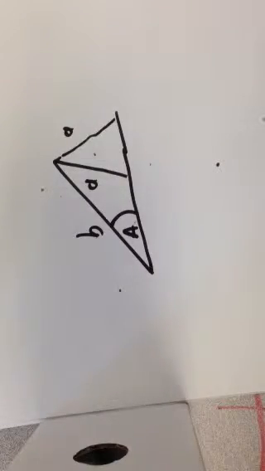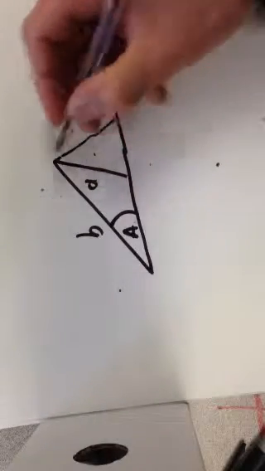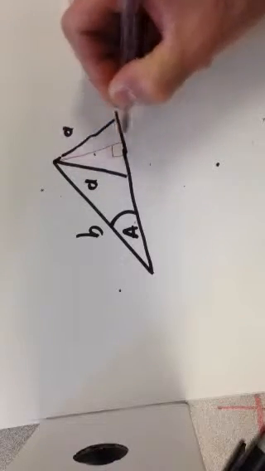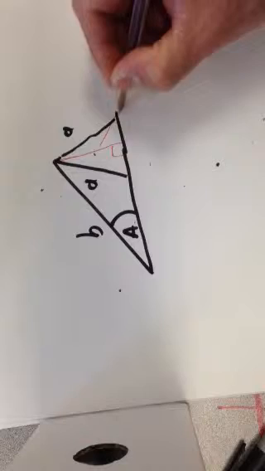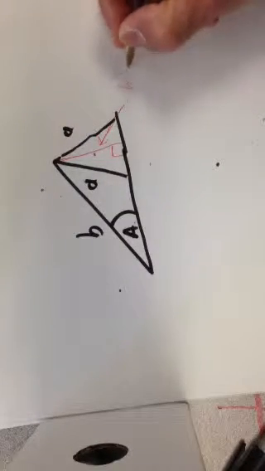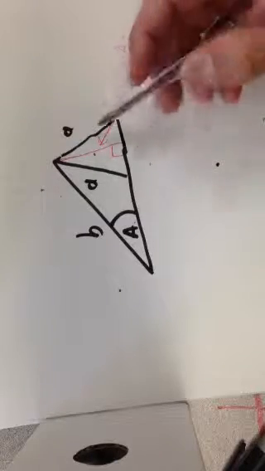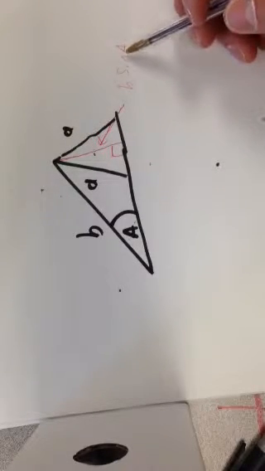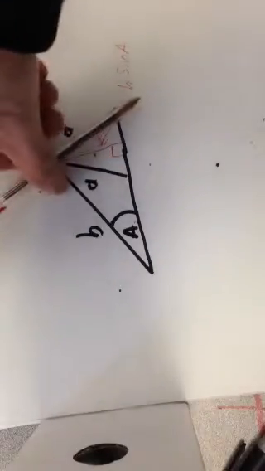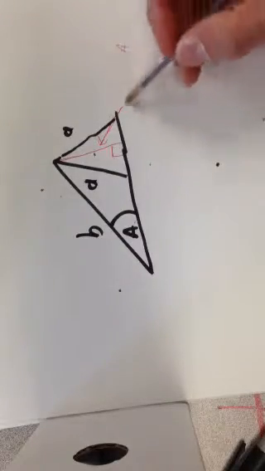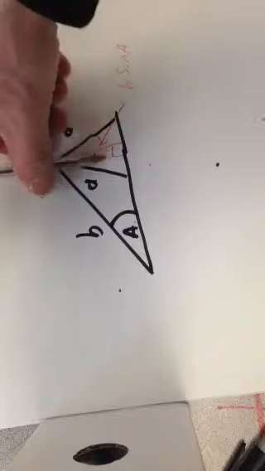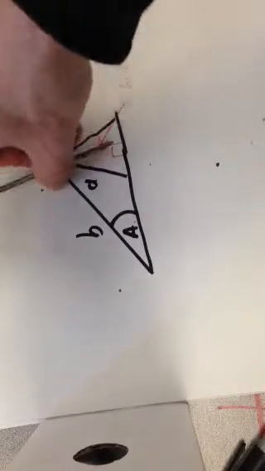If side length a is longer than this line here, this altitude, this right angle line here, and the length of that line is going to be b times the sine of A. So if a is greater than b sine A, you have two possibilities here. It could work like this or like this. If a is equal to b sine A, then there's only one triangle that can be formed. And if a is less than b sine A, there's no triangle that can be formed because it doesn't reach.